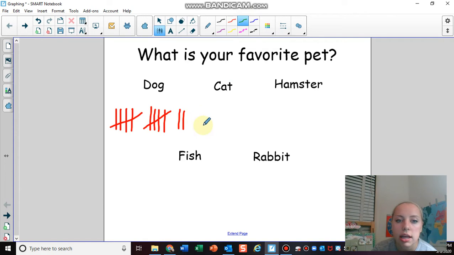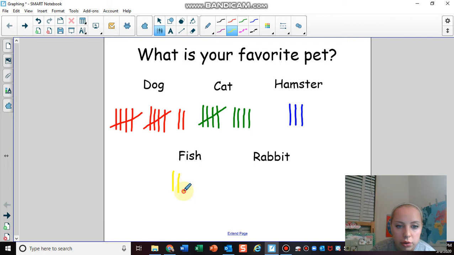Cat got 9 votes. Hamster got 3 votes. Fish got 6 votes, and rabbit got only 1 vote.